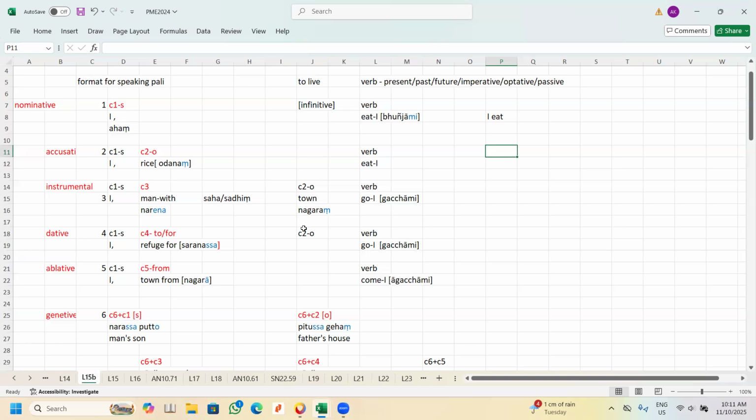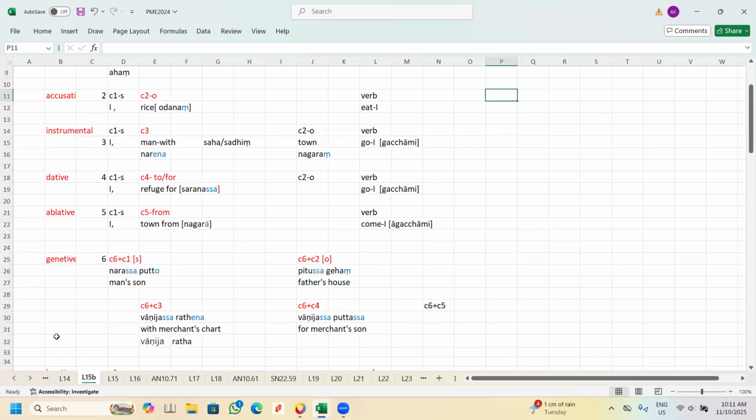Okay. So the genitive case normally is a pairing up of the subject with the genitive case, or the object with the genitive case. It can go until the locative case.